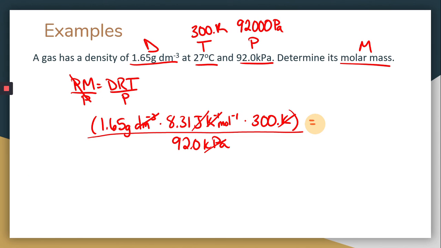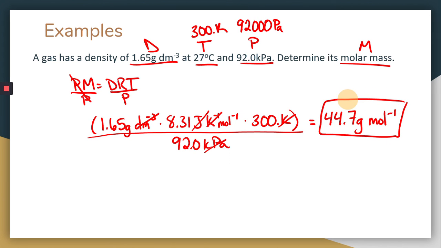So we will plug that into the calculator. Based on the numbers given to us, we want 3 significant figures. So we have an answer of 44.7 grams per mole. Now, if they gave us a list of gases to choose from, we could use the molar mass to identify the gas, but because they did not do that for us, we have no way of determining what the type of gas is.